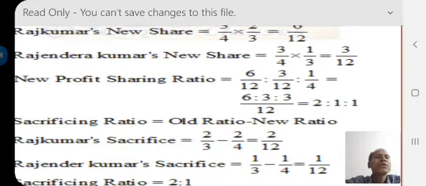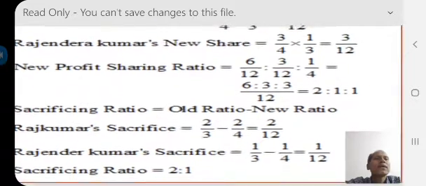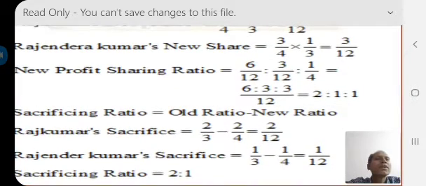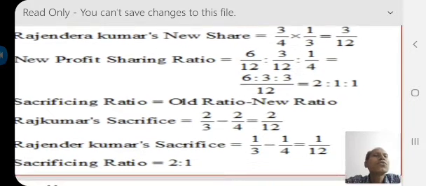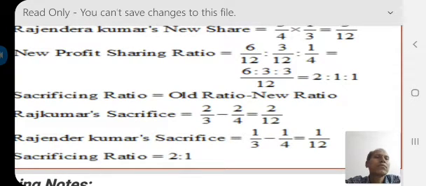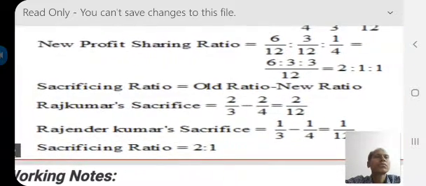So new ratio is 6/12, 3/12, 3/12, because this 4 into 3 is 12, and in the same way 1 into 3 is 3. 4:3:3, and it is minimized to 2:1:1. This is the new ratio.